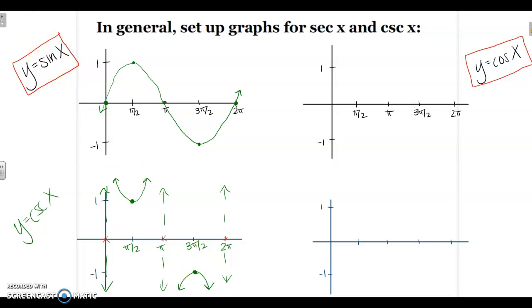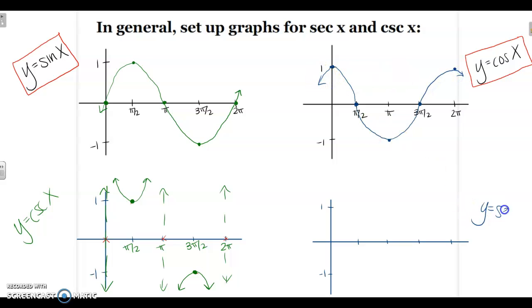And you can do the same with cosine, right? We know cosine typically starts at 0, 1, comes down to the midline, below to pi -1, back to the midline and back up. So you still created this wave. And now we're going to utilize that in the same way and create our secant function.